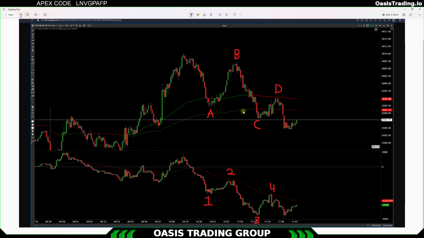So what we look for in this instance of a trap is a failure that goes through VWAP, but then on the bounce, we start to fail VWAP as resistance.